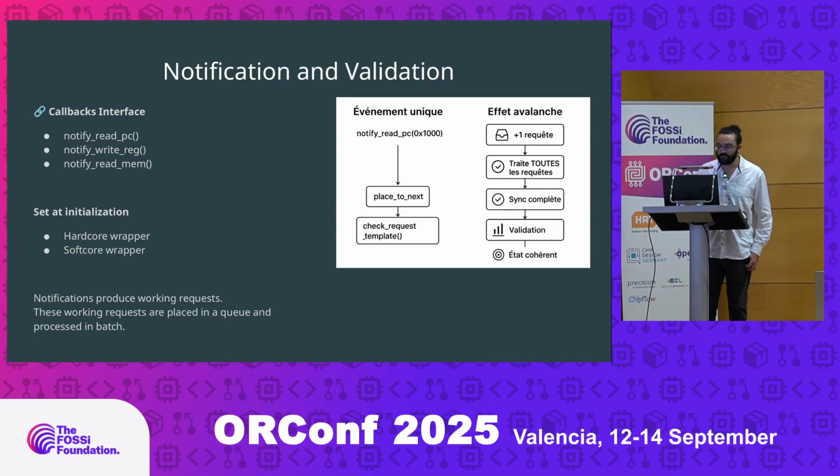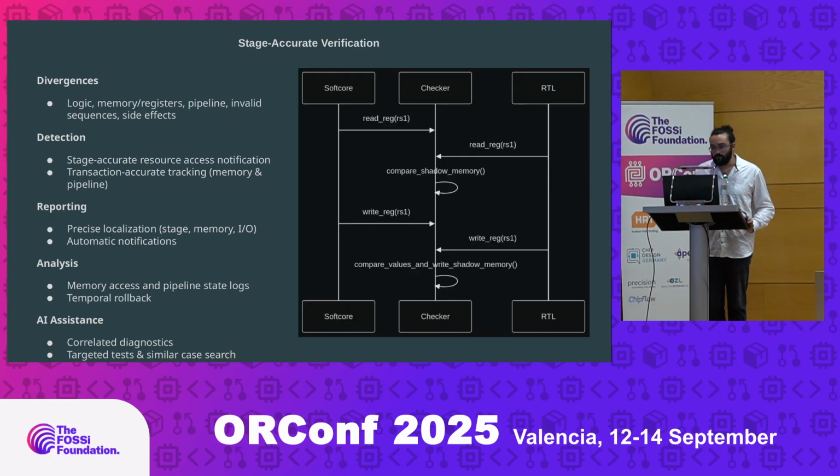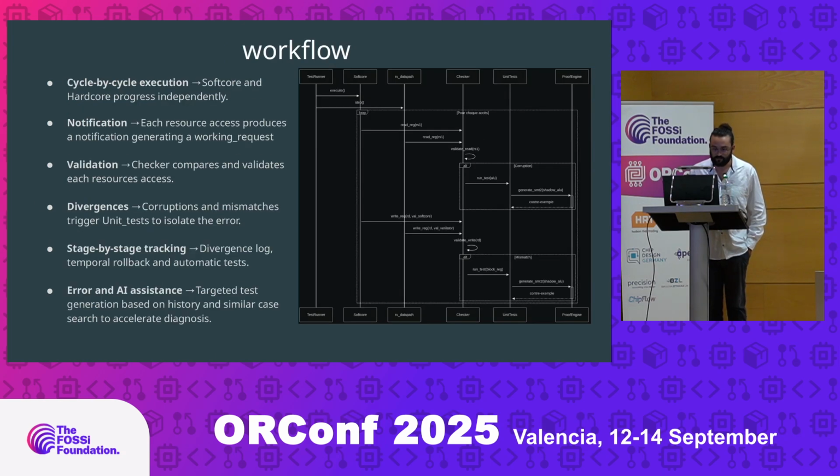Each notification places a work request, and we have a batch of work requests, which we evaluate and report in case of failure. The stage accurate verification is very simple. Each access is checked and reported for analysis, with the possibility of AI to correlate the test diagnostic.